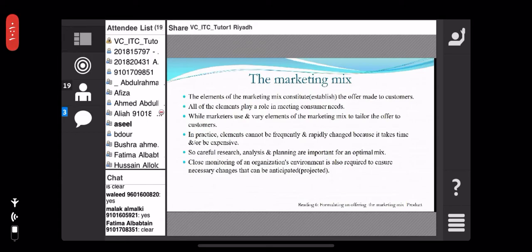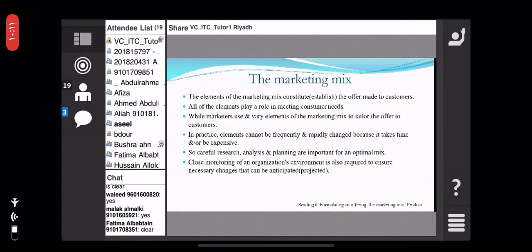Basically, the elements of the marketing mix constitute the offer made to customers. As marketers, we are utilizing these 4 P's, the mix that constitutes the offer made to the customers.